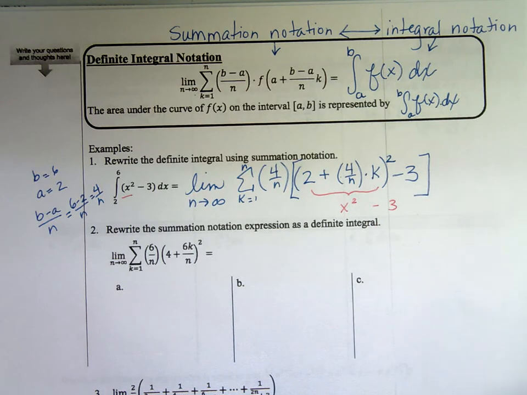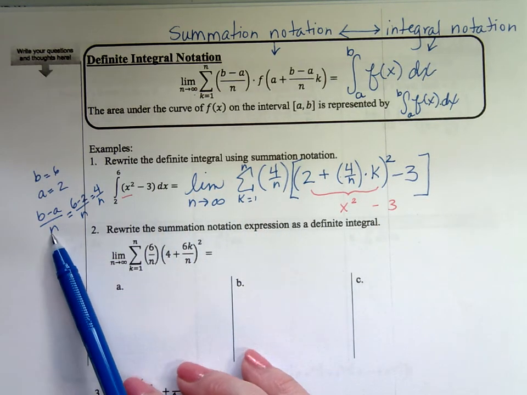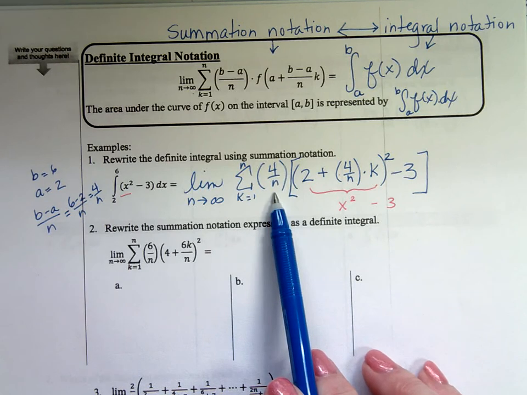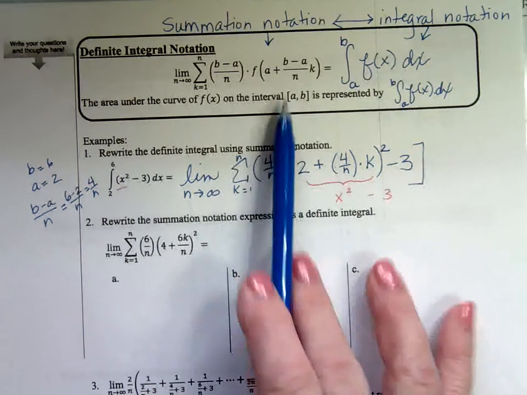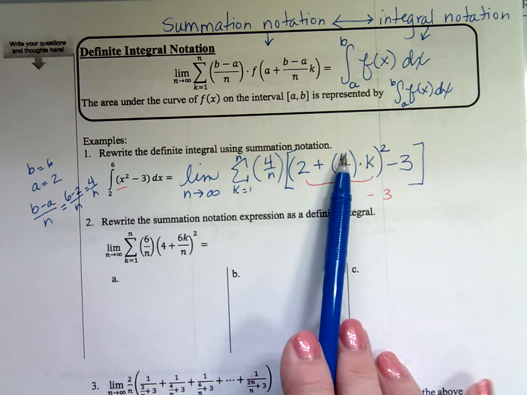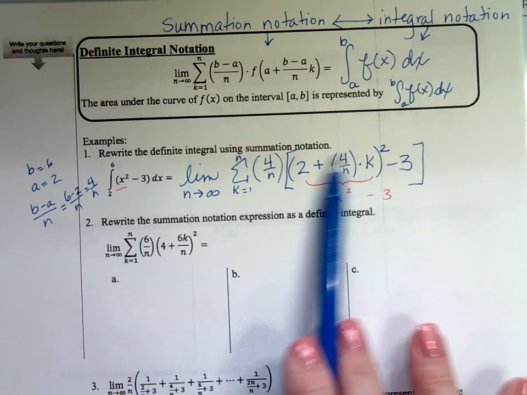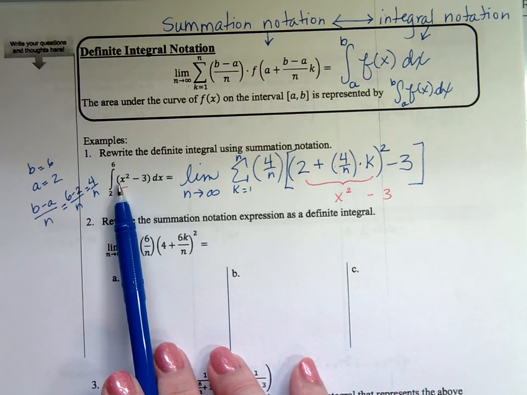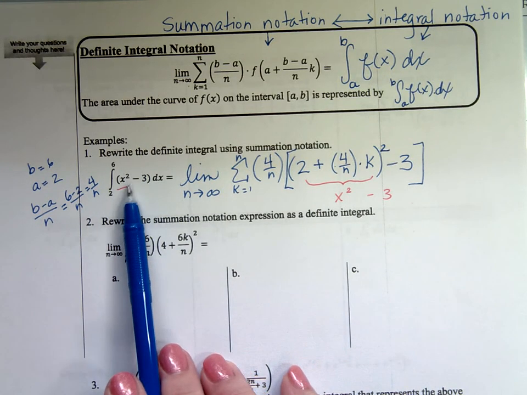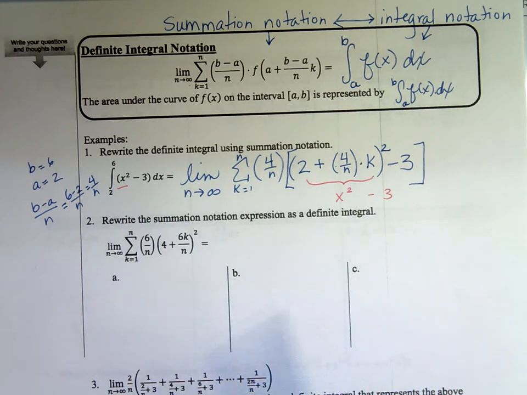All right, so the b minus a over n part is really not a big deal. That should not be too much pain to you, but this part in here is kind of goofy. You're taking 2, my a value, plus your b minus a over n times k, but you need to do to it whatever is being done to the x. This x is being squared, so this has to be squared. And then you have a minus 3 at the end. So this is equivalent to x squared minus 3.